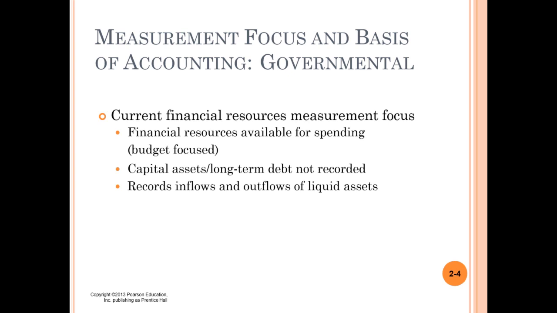So a good example of that would be the fact that there are no long-lived assets reported and there are no long-term liabilities. This means when we buy a building or some asset that is a capital asset, instead of debiting that asset, instead we're going to debit capital outlay expenditure. We're going to see some of those transactions throughout the remainder of the semester.